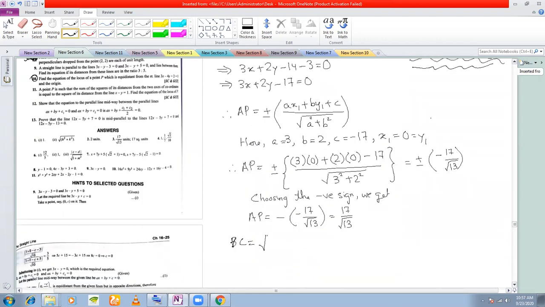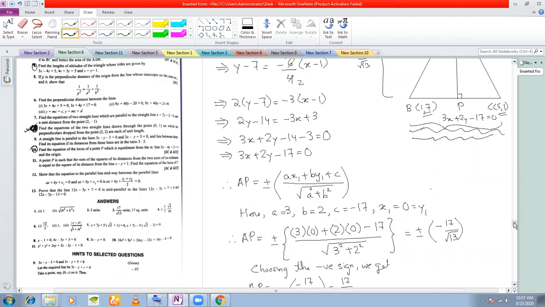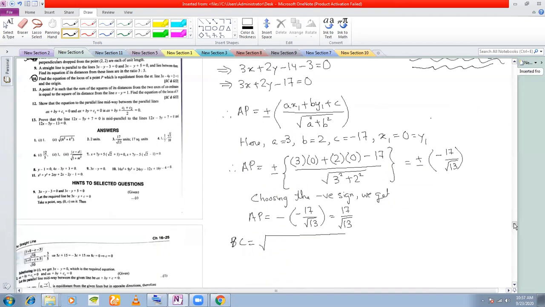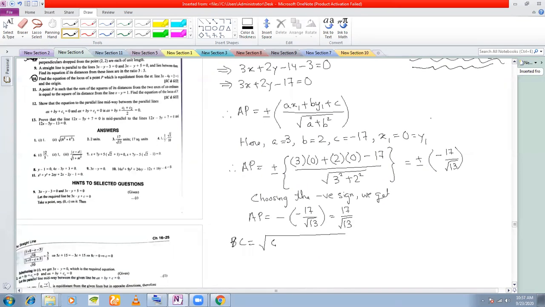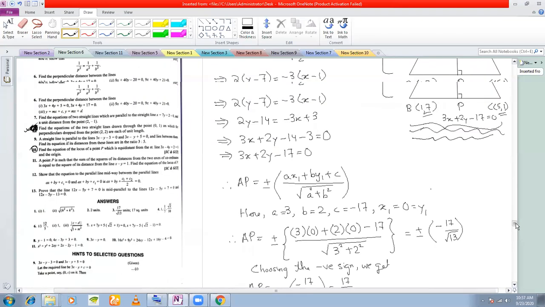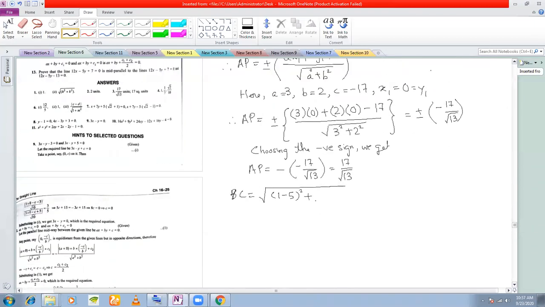BC here is square root of x2 minus x1 square, 1 minus 5 square, plus 7 minus 1 whole square.